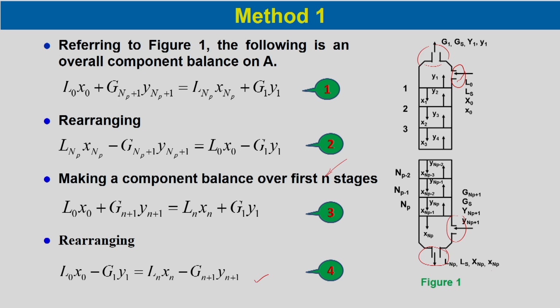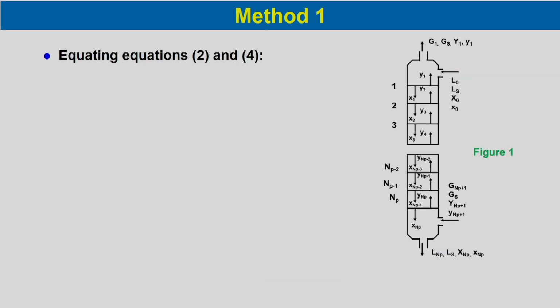Now, from this equation 2 and 4, so 2 is this one and 4 is this one. From these two relations, if we compare, if we equate them, so L naught x naught minus G 1 Y 1, we can substitute from equation 4 in equation 2.